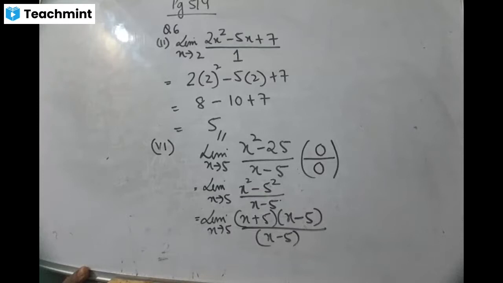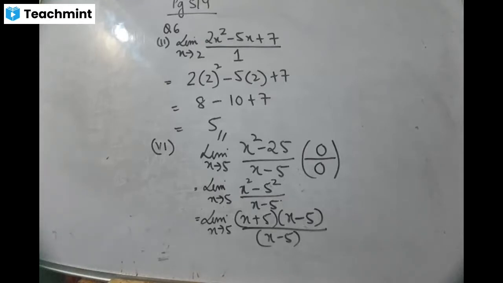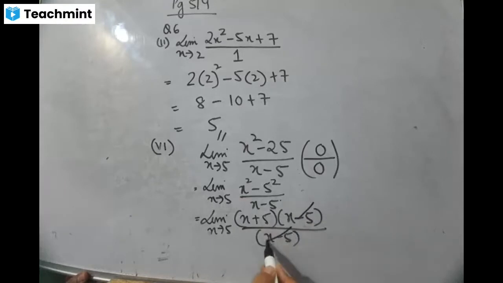Now you can easily understand that it was because of this x minus 5 we were getting 0 in the denominator, isn't it? So on factorization, when you simplify the numerator, you are going to get the exact same term in the numerator, so that term cancels out.